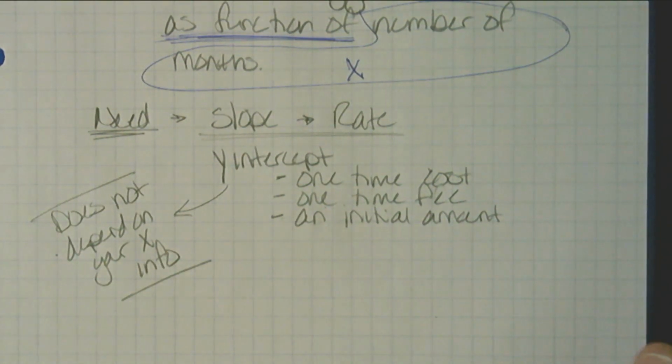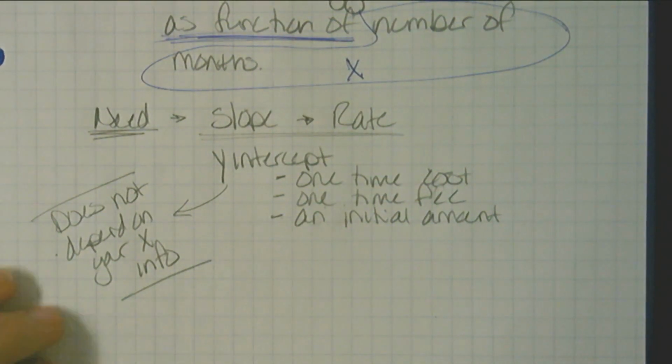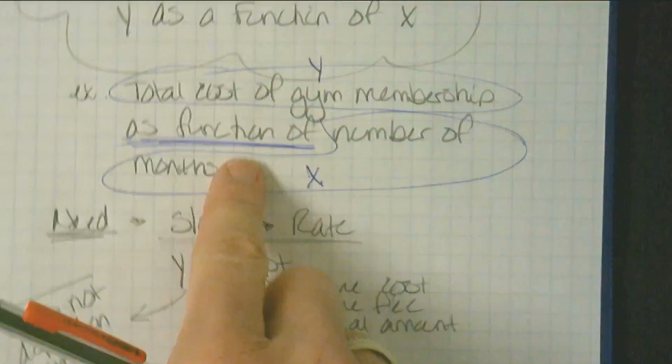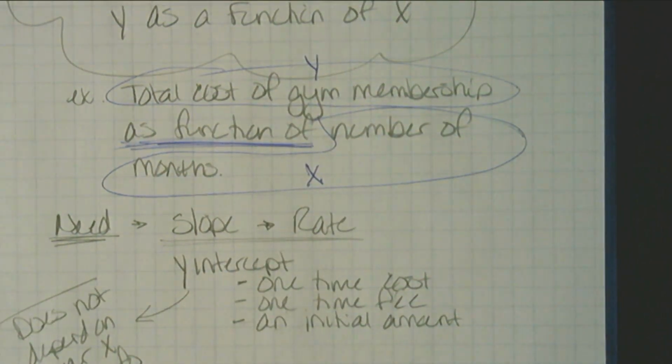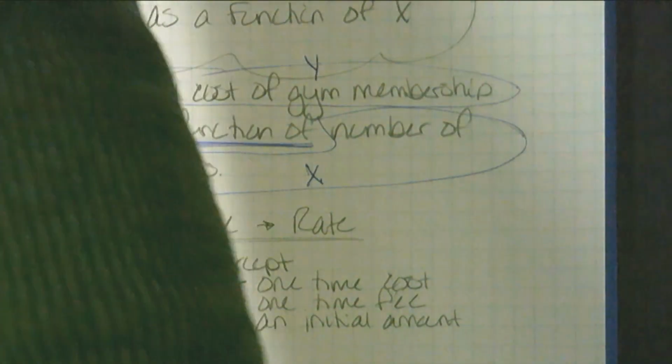All right, so let me show you a story problem, and I want you guys to do this. Remember, look for that phrase, something as a function of something. That indicates you've got slope-intercept, and then you're going to go back in and find the rate, which is your slope, and find a one-time cost or a one-time fee. Hopefully they have it in there, and these should. All right, this is example 5 from page 225.